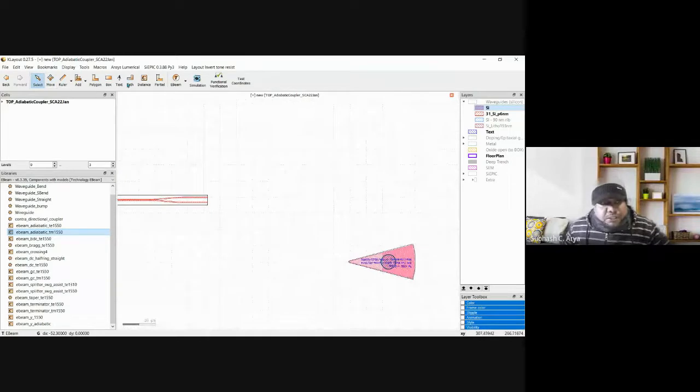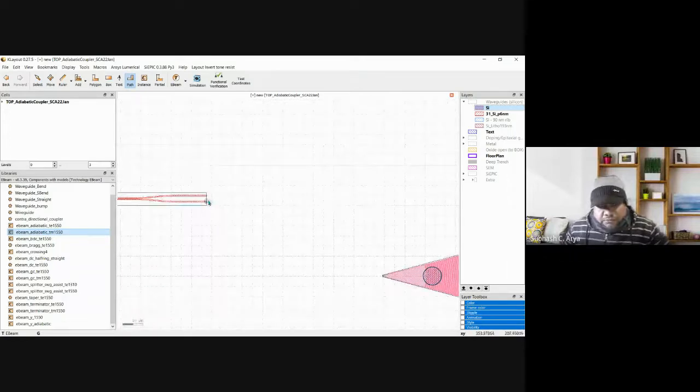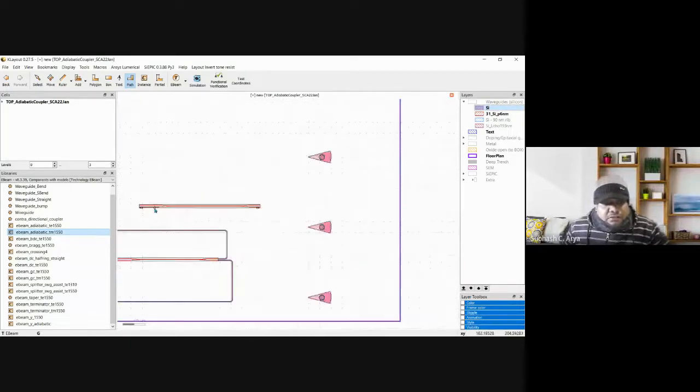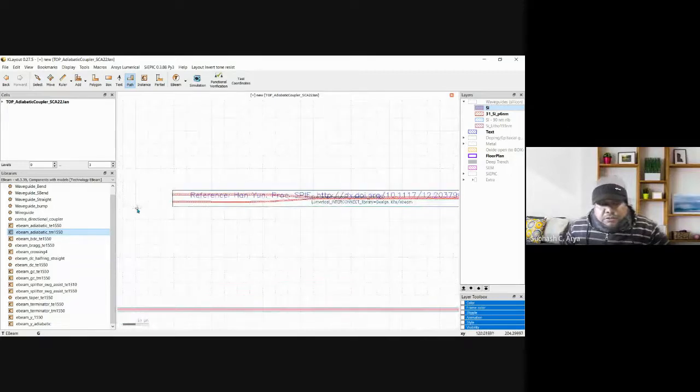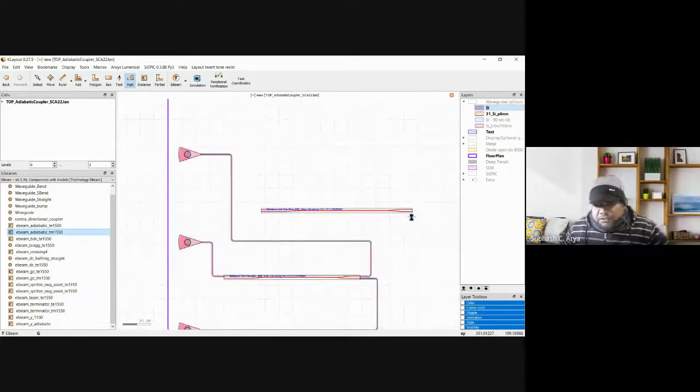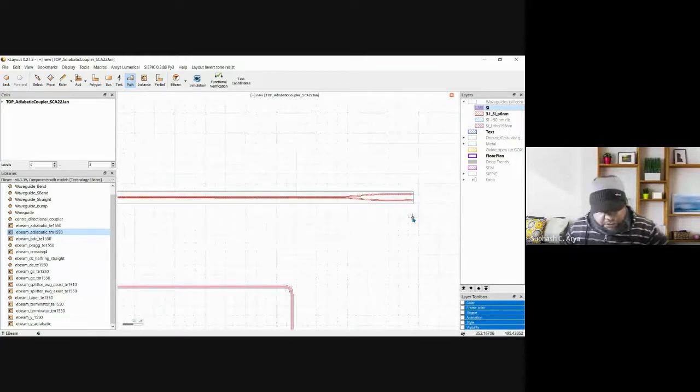Now path 0.5 micrometer, and here I will give connection for input light. I do not know whether it is symmetric, since it is passive, so symmetricity should be there.